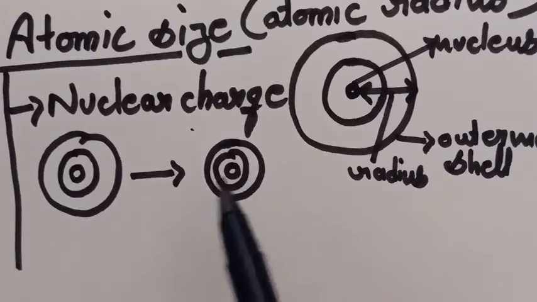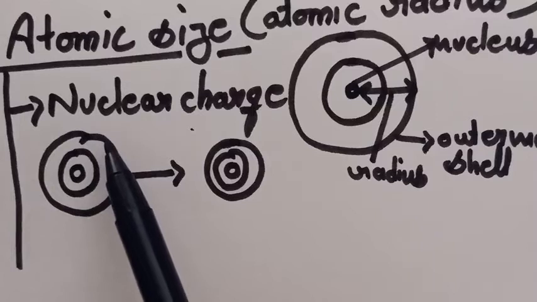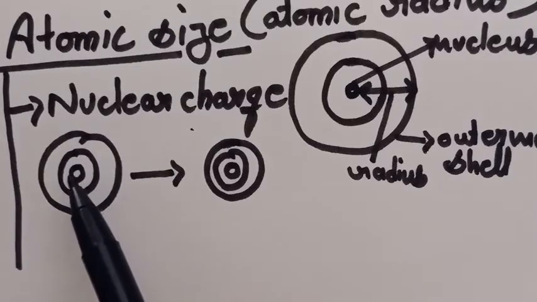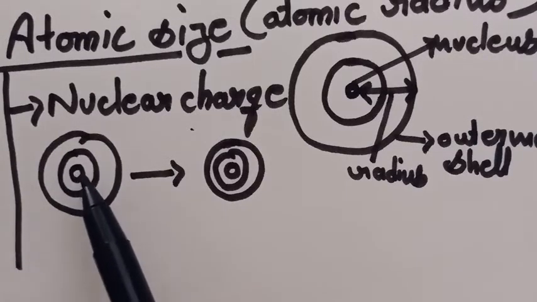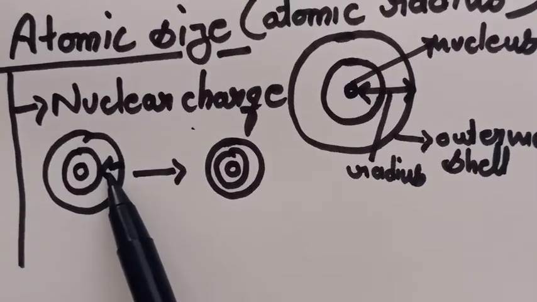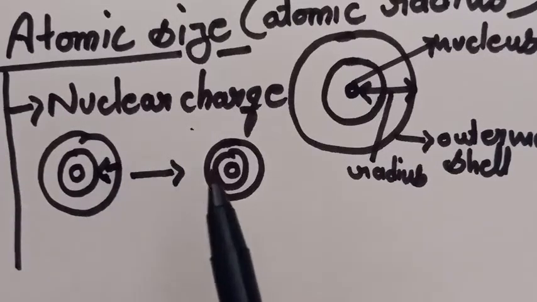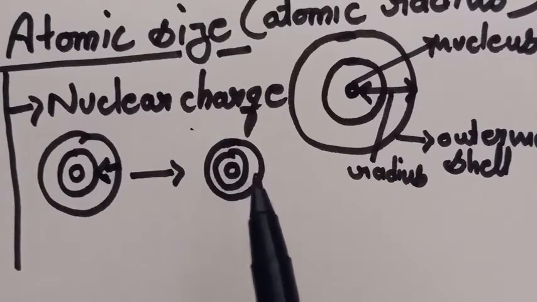This means the electrons in the outermost shell are attracted with greater force, which brings the outermost shell closer to the nucleus, and thus the atomic size decreases.